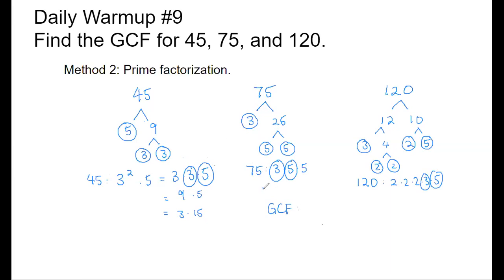You find that 75 is 15 times 5. 120 is 8 times 15. Where did I get the 8? 2 times 2 times 2. 15? 3 times 5. So you see, greatest common factor is 15.